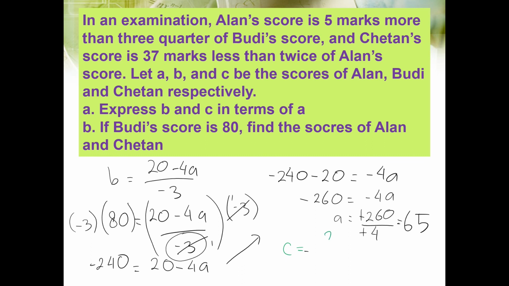So we can multiply Alan's score twice and subtract by 37. 130 minus 37 makes 93. Okay, understand, right? It's easy.